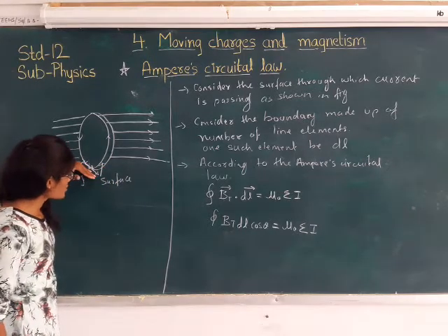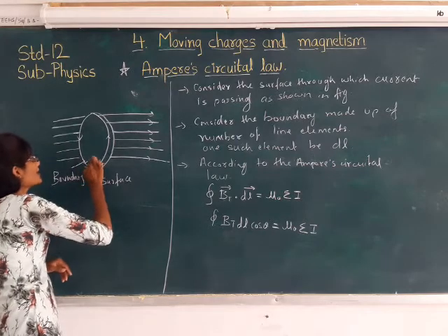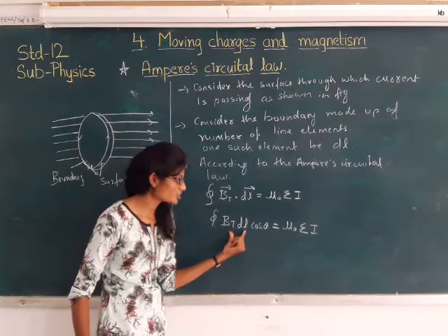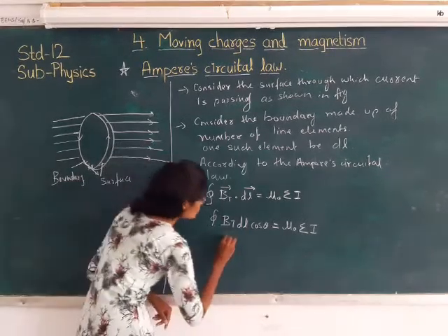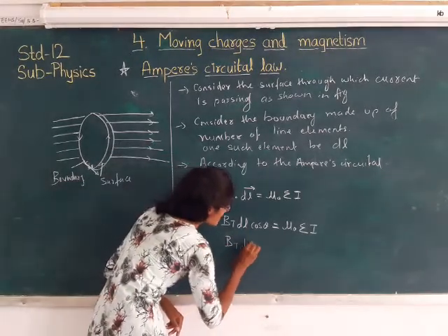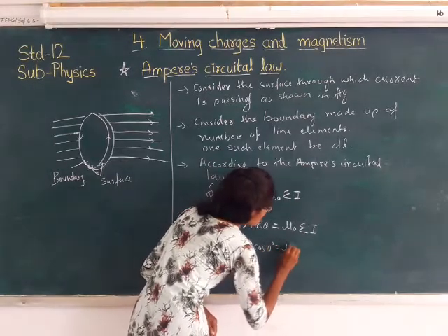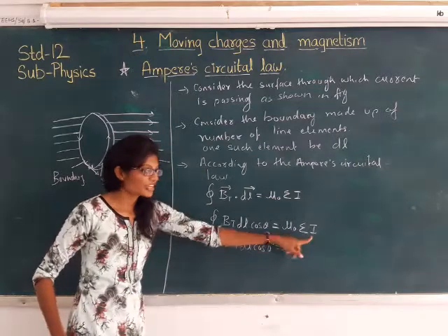So the tangential component of the magnetic field and the element direction both are same. So the angle between these two will be 0 degree. So I can write it as Bt dl cos 0 degree equals to mu 0 summation I.